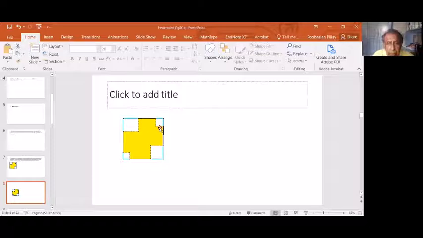So I took this one here and I moved it there. So this blue one here is the same as that. This is a square, you see. This edge here, I moved it there, parallel to itself.